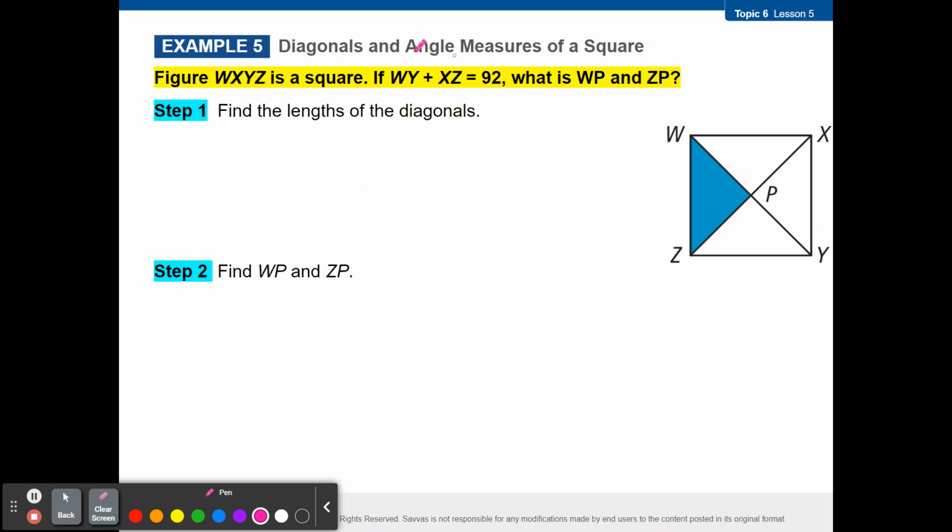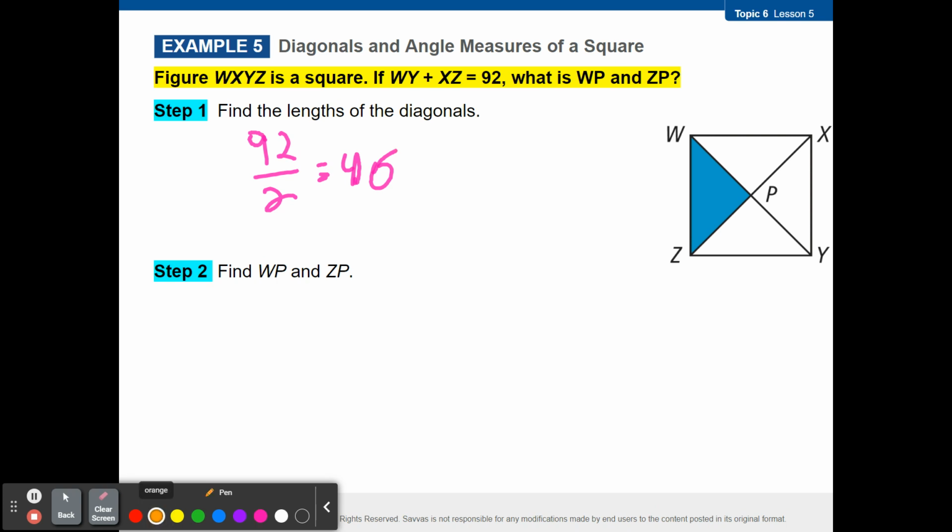Are the diagonals congruent in a square? Look at your foldables. It is. The diagonals are congruent. So if we take 92 and divide it by 2, we get the diagonals. So I'm getting 46 is the length of the diagonals.